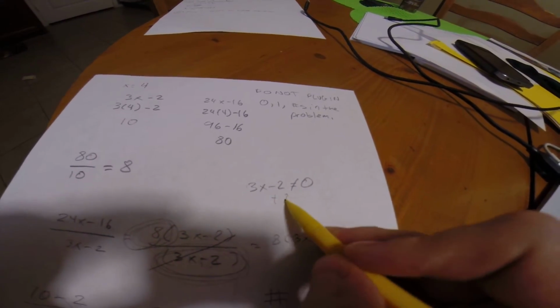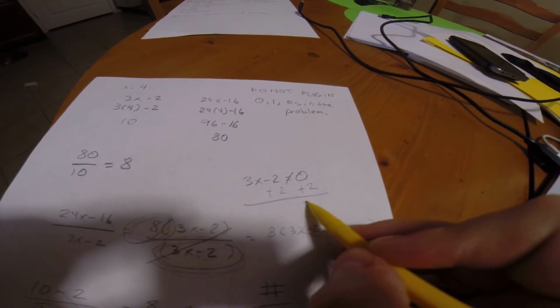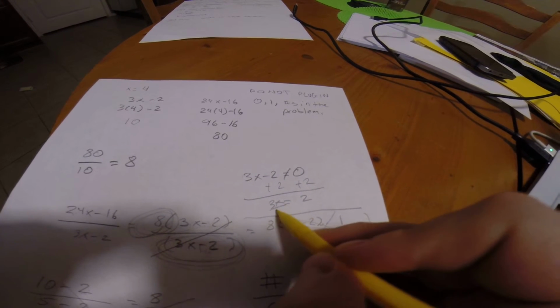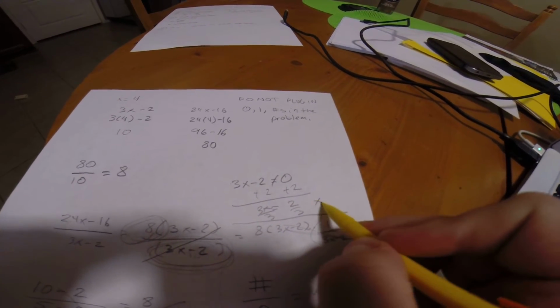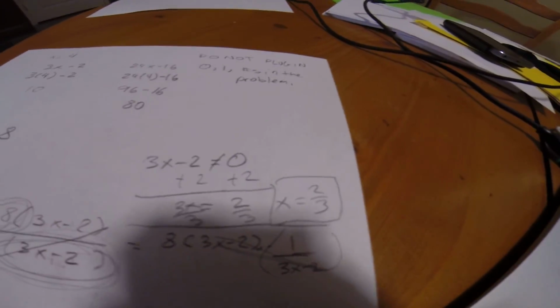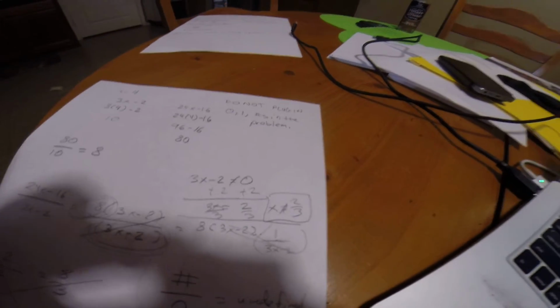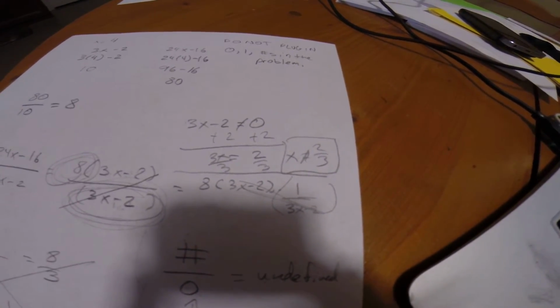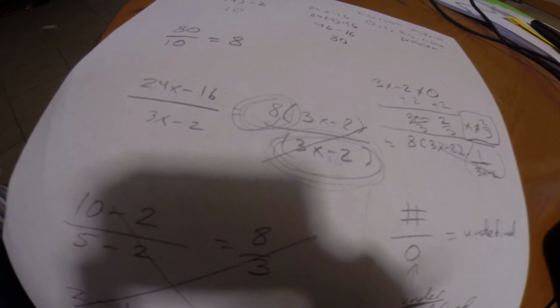So if I solve this, if I add 2 to both sides and divide by 3, I get x equals 2 over 3. So insofar as x is not equal to 2 over 3, this process is okay.